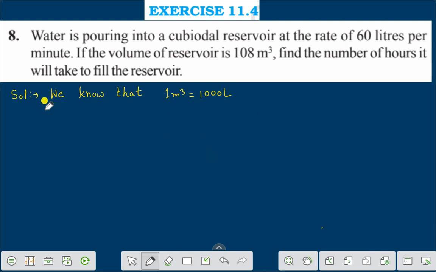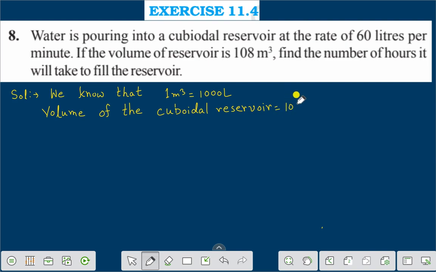Now the volume of the cuboidal reservoir is equal to 108 meter cube, that is 108 into 1000 liter.